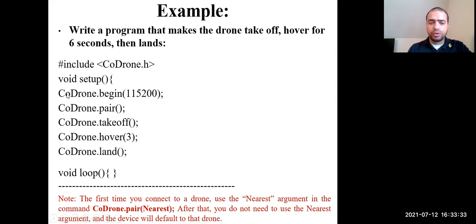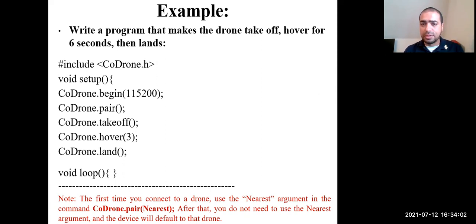If you use, for example, a lowercase letter when it's supposed to be uppercase, it's going to give you an error. So make sure you include the correct form of the letters, whether uppercase or lowercase. CoDrone.begin(115200). In other words, this is going to be the baud rate of communication.